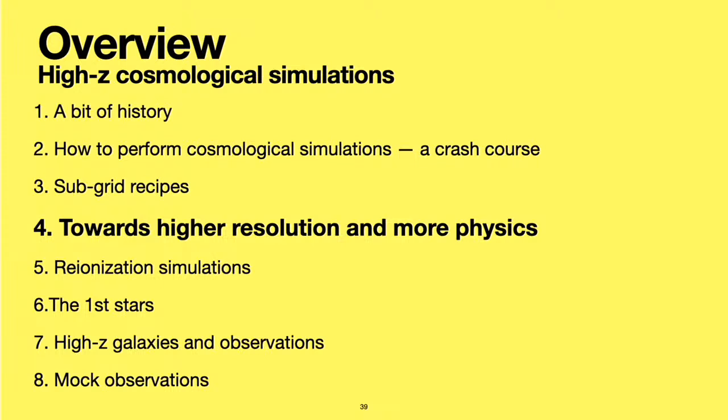Okay, now let's see what happens if we try to have higher resolution than these hundreds of parsecs or even kiloparsecs that we had in these simulations 10 years ago.